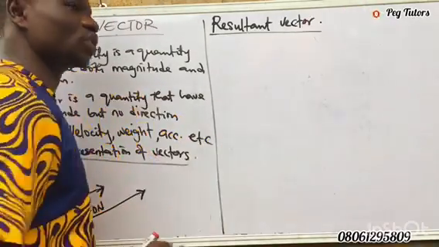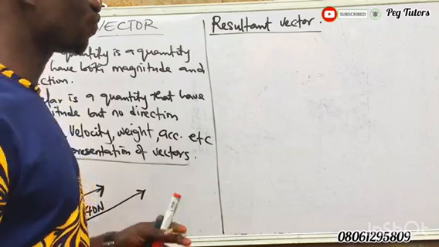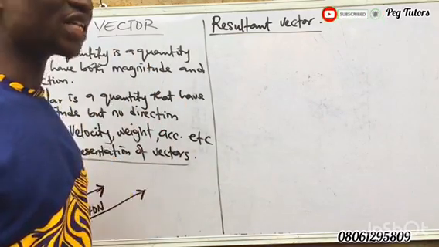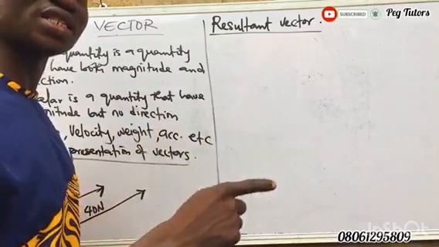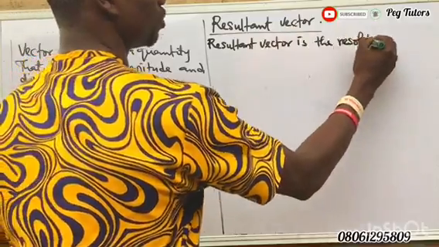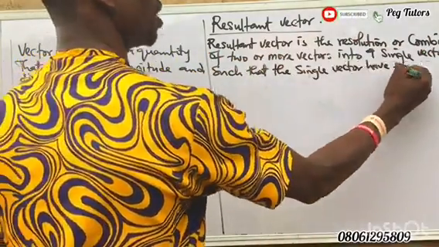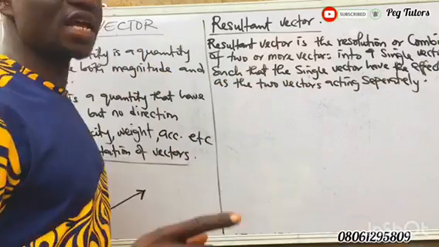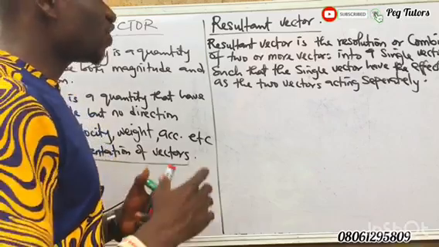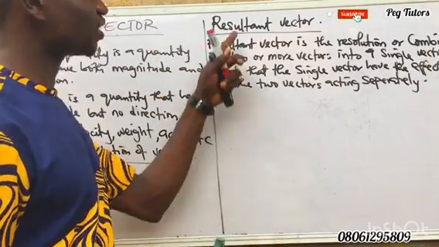A resultant vector is the combination of two or more vectors into a single vector, such that the single vector would have the same effect as the vectors acting separately. So if two or more vectors are acting on a body, how do we resolve them to find the resultant vector?